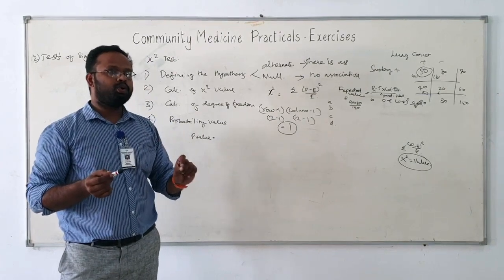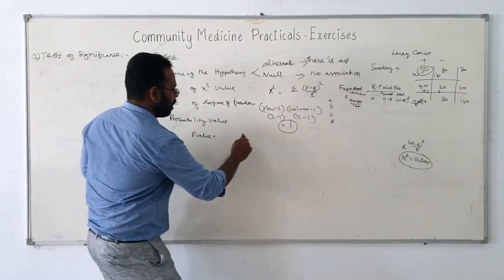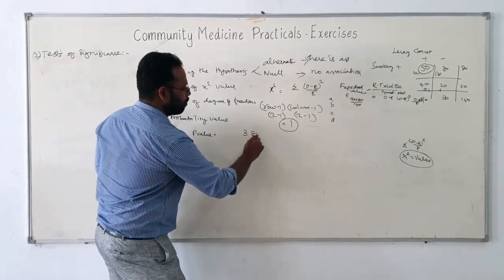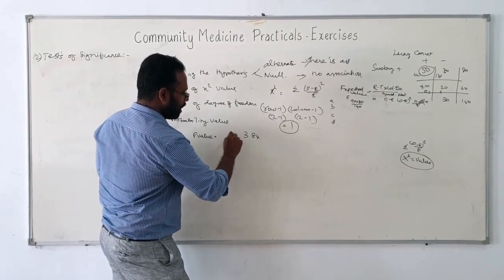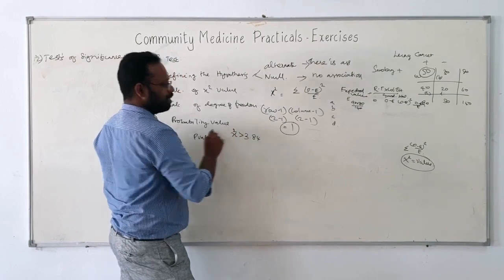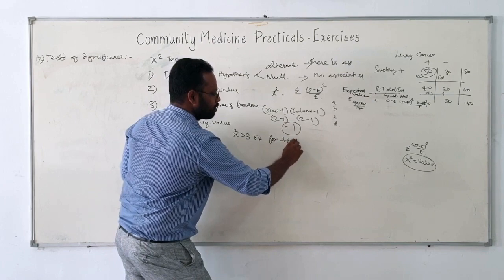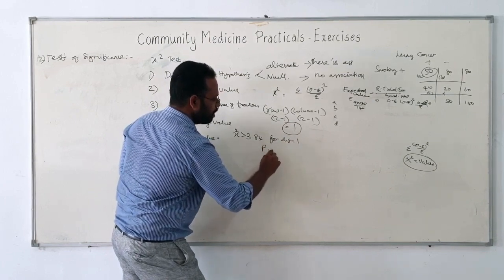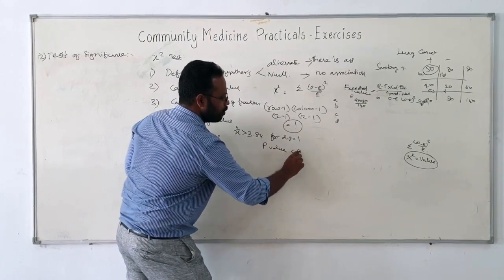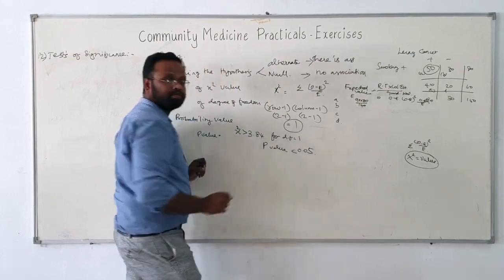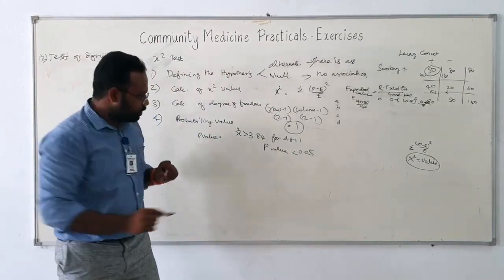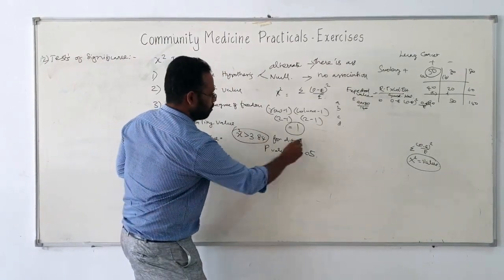So you have to memorize this number 3.84. When the chi-square value is greater than 3.84 for degree of freedom 1, then p-value will be less than 0.05. You have to remember this number.